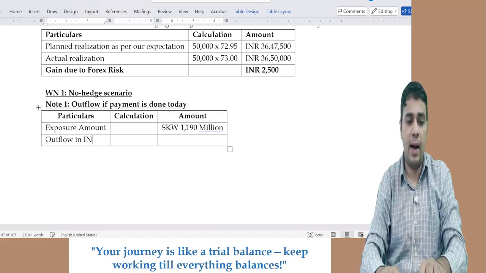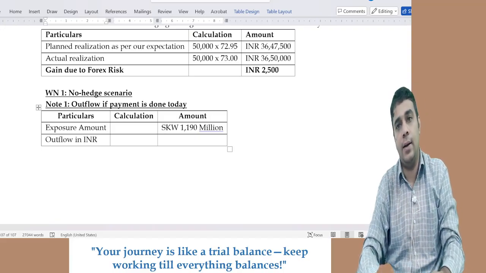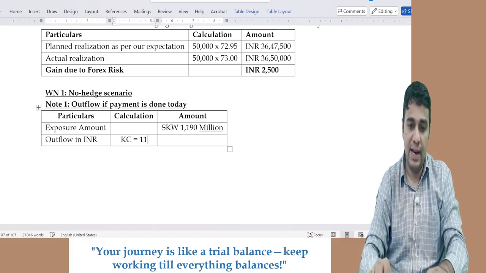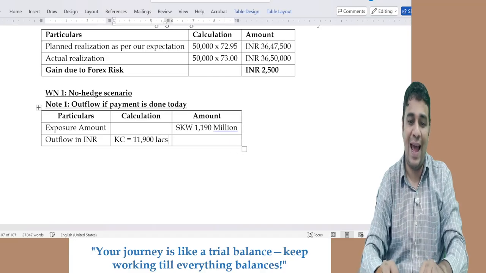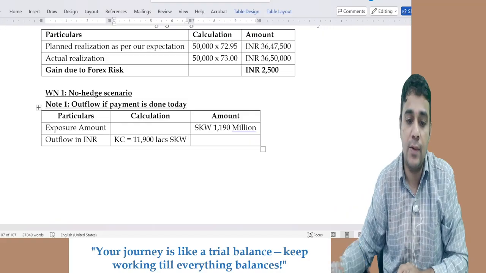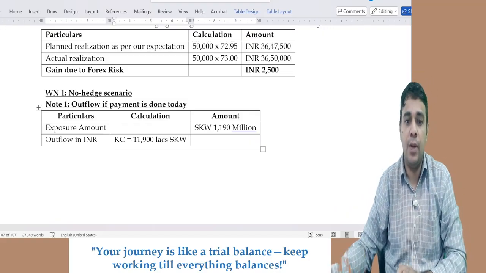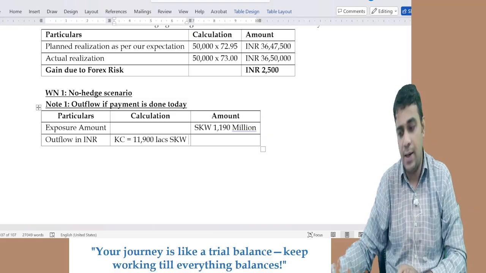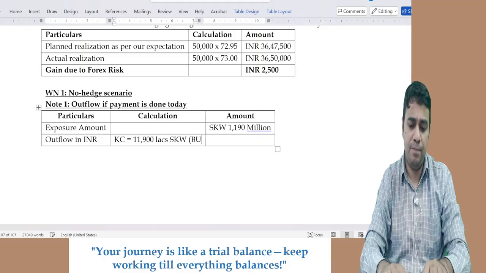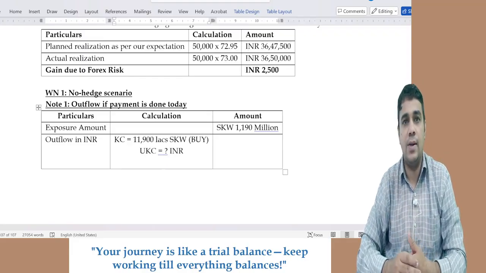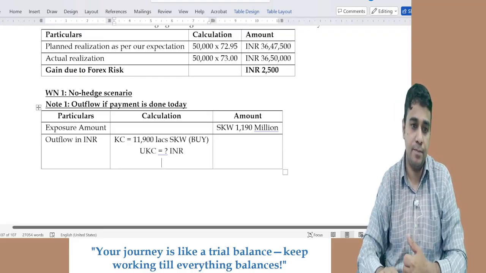Outflow in INR. Known component: 11,900 lakhs SKW. I'm doing it in lakhs now. Are we going to buy SKW or sell SKW? Participate, guys. Buy. Unknown currency, question mark INR.